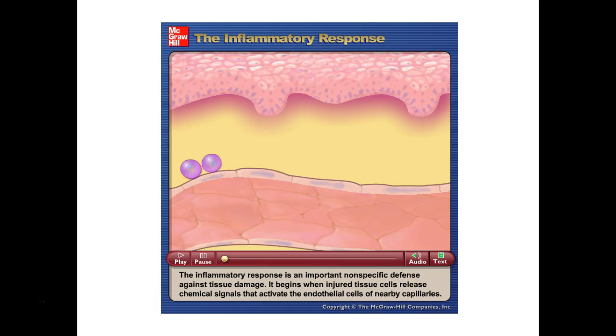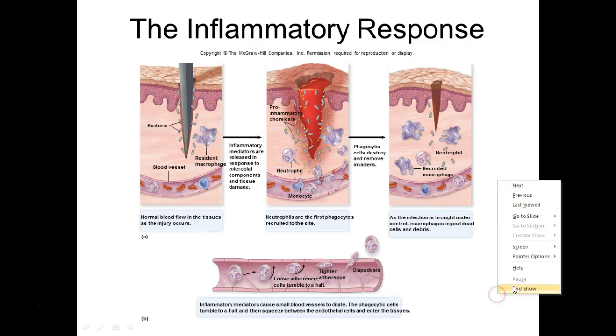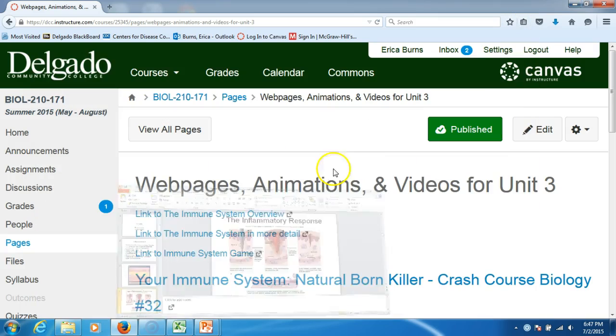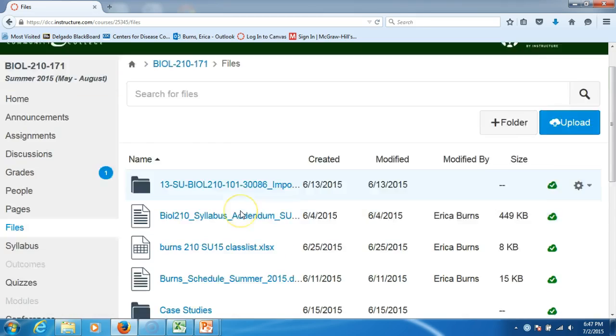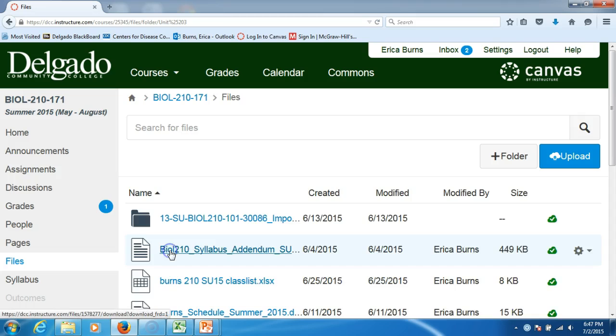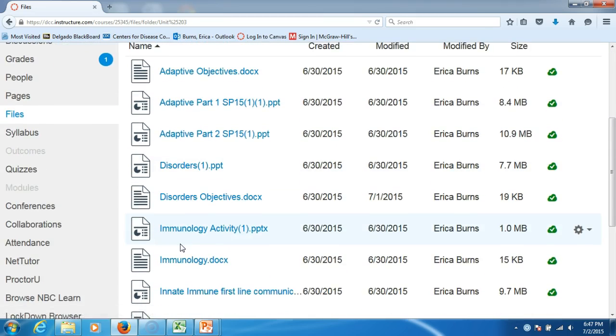So this is an animation that I have embedded in my PowerPoint, but I will also add these, and in fact, come to think of it, I think I already have added a file, but I'll add them as hyperlinks later for you guys. I'll show you. In the files, under Unit 3, there is probably a document.